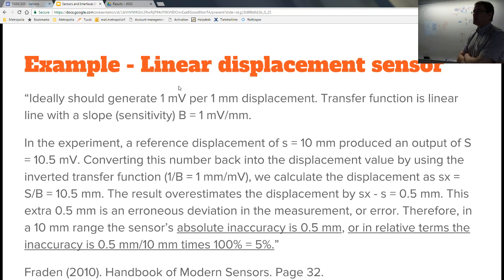Small example. Linear displacement sensor. The easiest linear displacement sensor is actually a linear resistor. Just a slide. You have seen those on your grandfather's audio equipment, sliders.